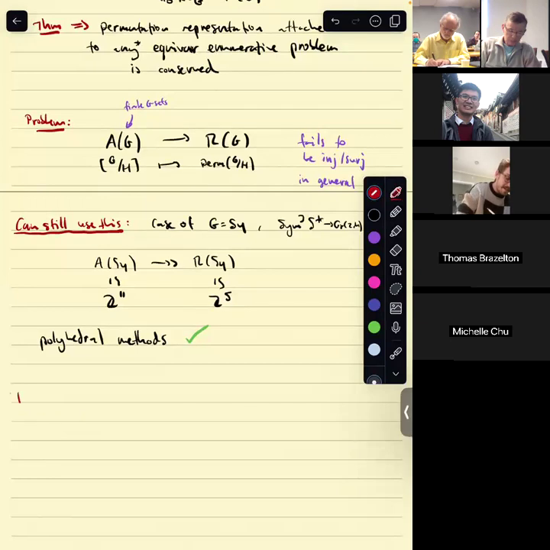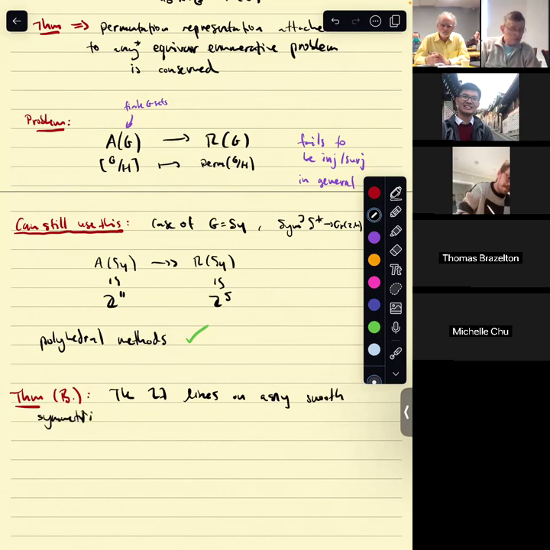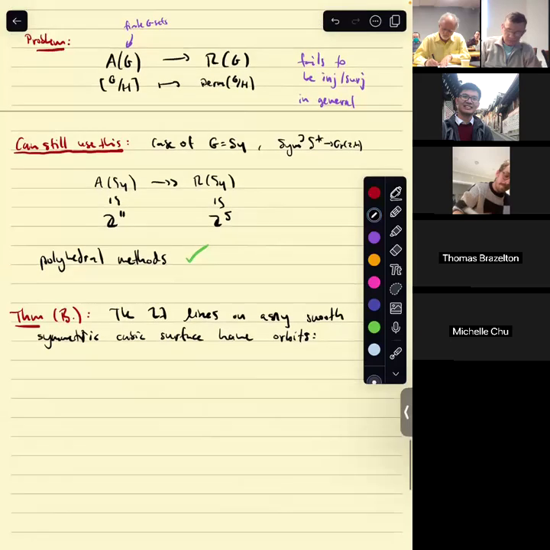Okay, so for the purposes of 27 lines on a symmetric cubic surface, this Euler class is good enough. And we can state that the 27 lines on any smooth symmetric cubic have the following orbits. Let me write these.